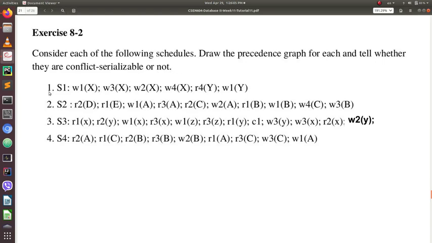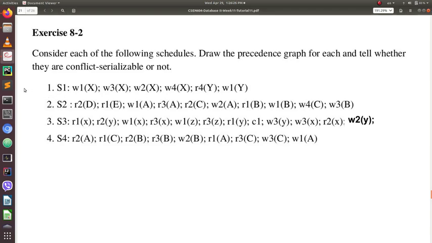So we have 4 schedules of steps for a group of transactions. Okay, we will solve them one by one.